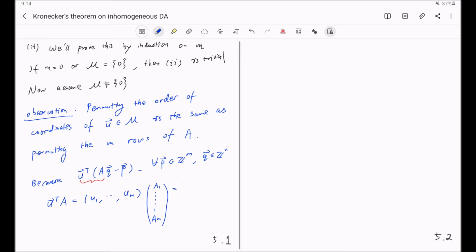So this is equal to u1 times the row vector a1 plus ... plus um times the row vector am.